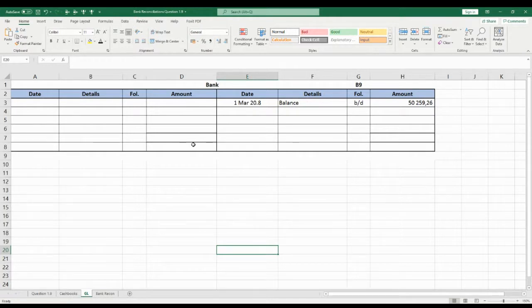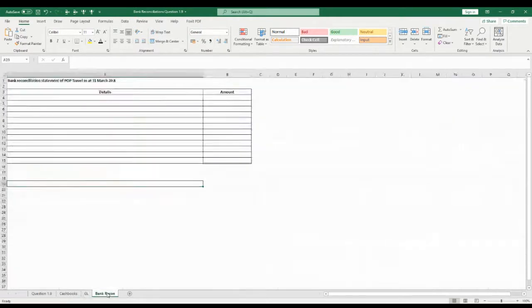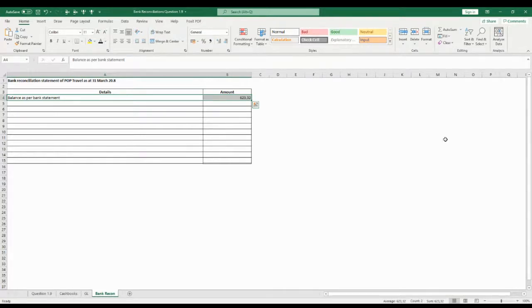Now let's see what other information we have. For our bank reconciliation, what information can we fill in without looking at any of the additional information? We already know the balance per the bank statement, based on the bank statement they have given us, and it's a credit balance of 623 Rand and 32 cents.